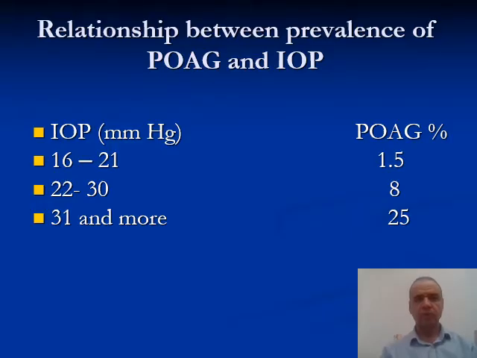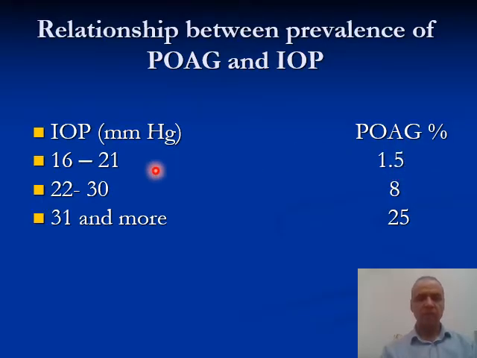The normal intraocular pressure in the general population is 10 to 21 millimeters of mercury, and even if the intraocular pressure is normal, between 16 and 21 millimeters of mercury, there is still a risk of glaucoma, with a prevalence of primary open-angle glaucoma of 1.5%.